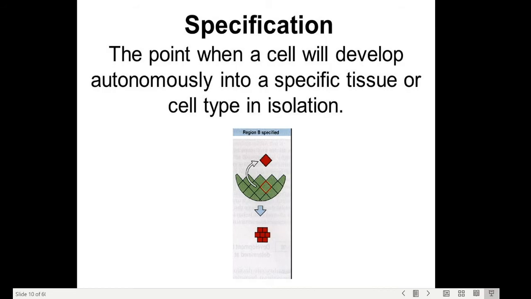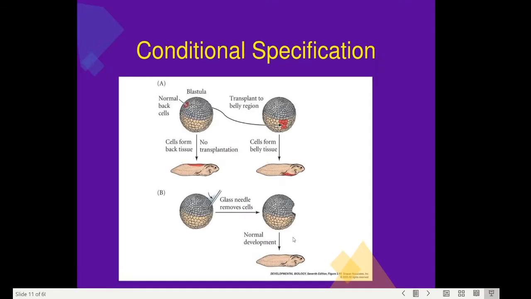One cell can develop into specific tissues, and that is called specification. Please imagine this is a group of cells, like an embryo. From this embryo, specific cells are isolated, and those isolated cells can grow into specific tissues. That is called specification.